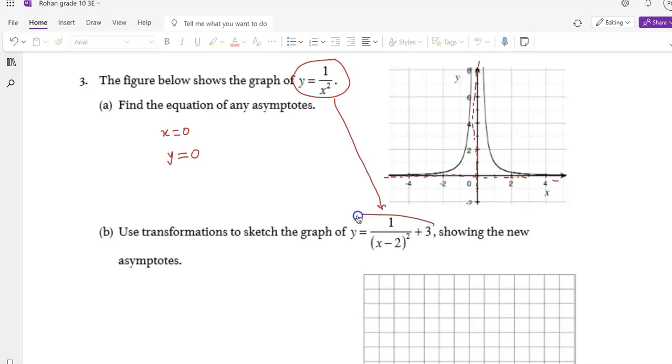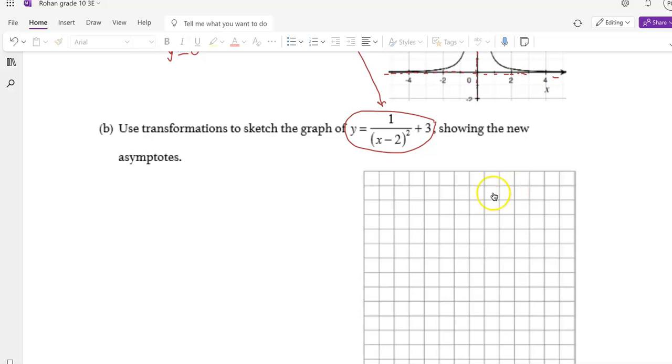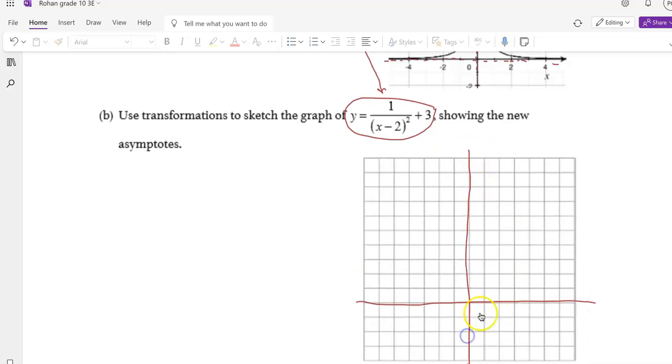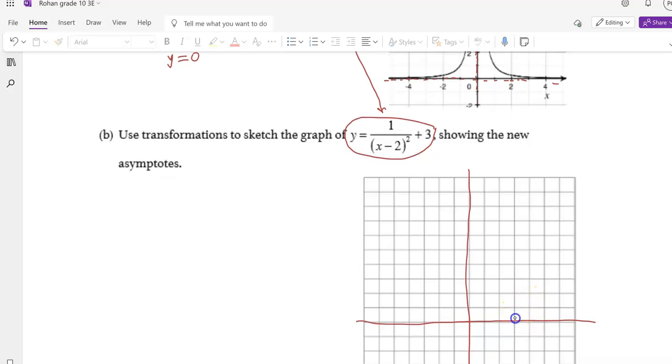Horizontal translation 2 units to the right, and now 3 units up. You draw the same graph.